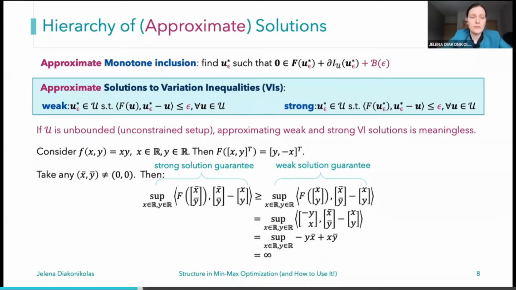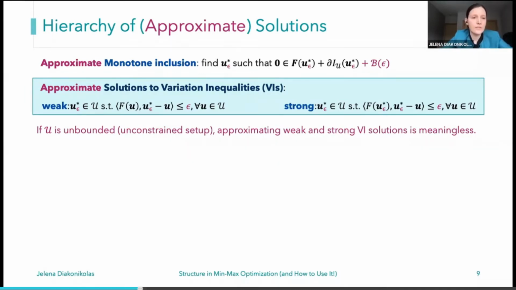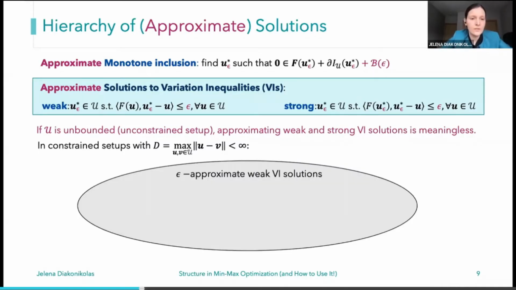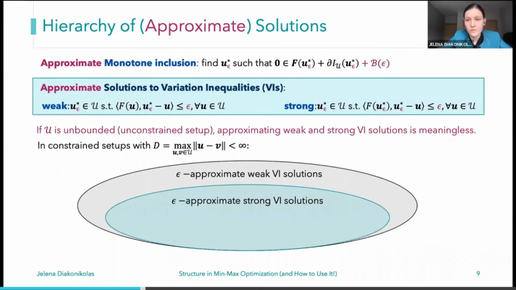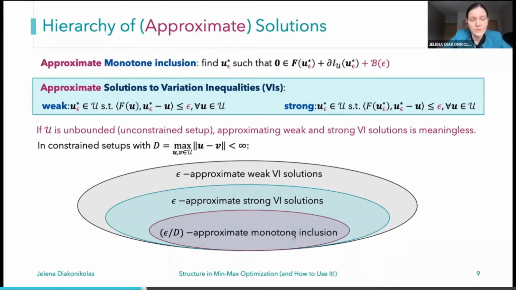Another thing that happens here that is interesting is even if you are in the constraint setup, this is what your solution sets will look like. So the set of approximate weak VI solutions, or these Minty solutions, is the largest one. It will contain all of the approximate strong VI solutions, and this will contain all the epsilon over d approximate solutions to monotone inclusion.